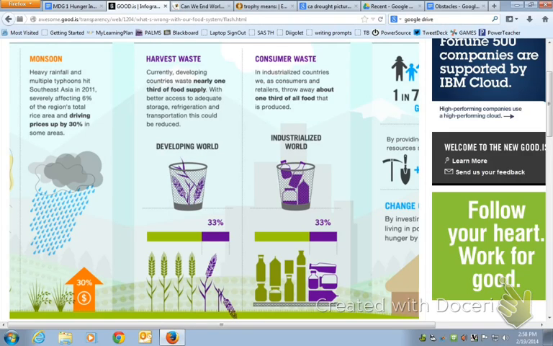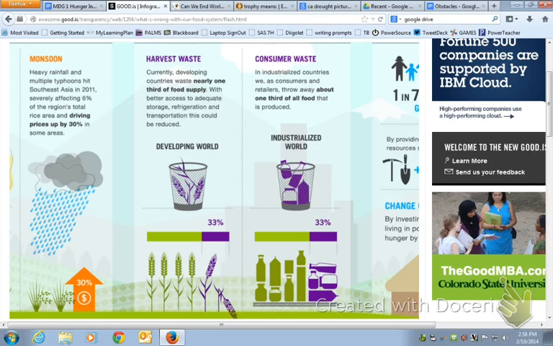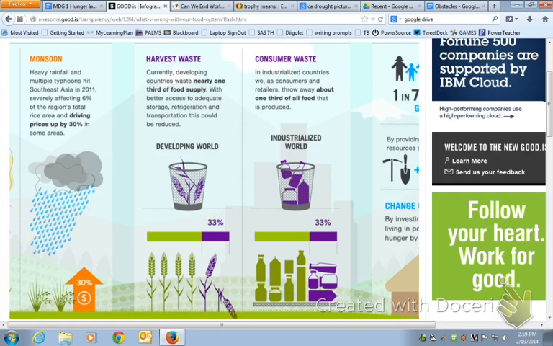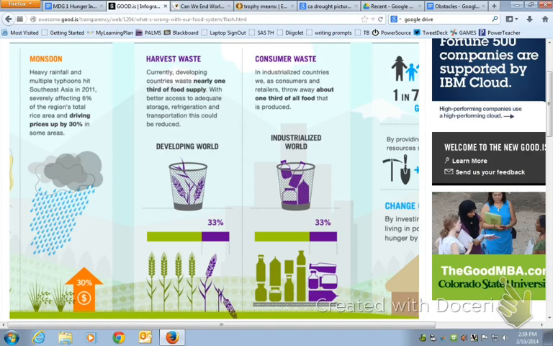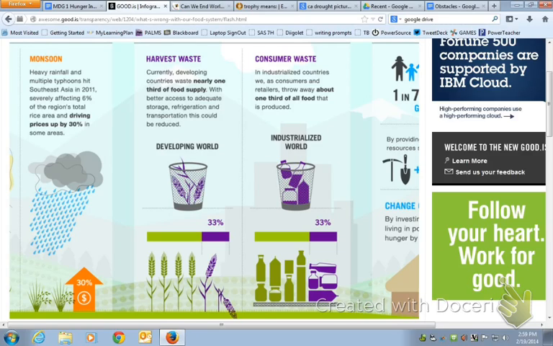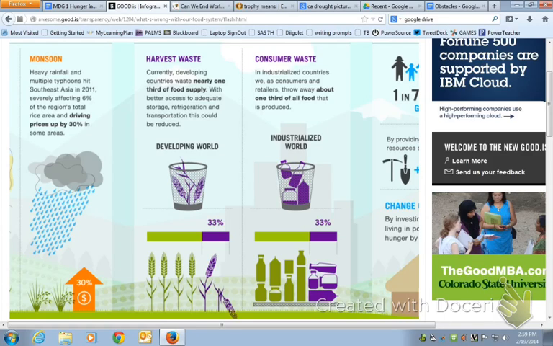The next piece was, for number 2, explain how developing and industrialized nations waste a third of their food. And it looks very differently in both places. In the developing world, and when we talk about the developing world, we're talking about countries like those that we listed on that previous infographic, the countries that are struggling with hunger, the countries that don't have food security and stable governments and industries and reliable access to resources.